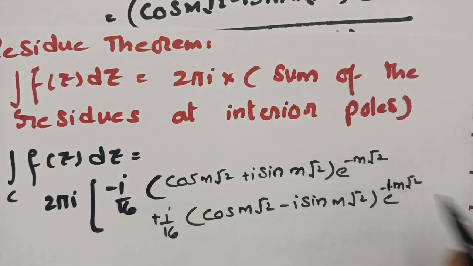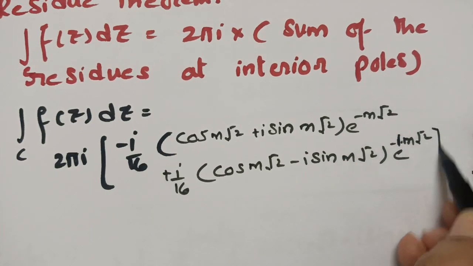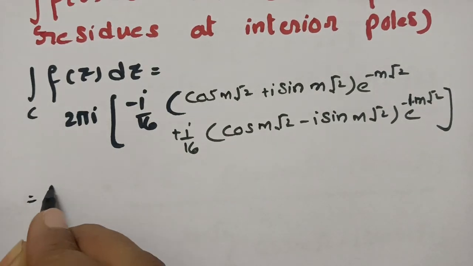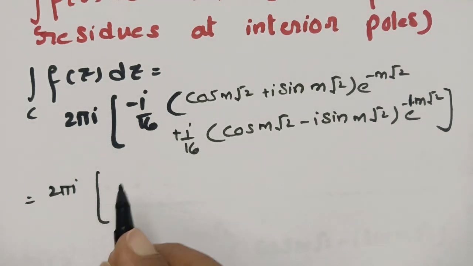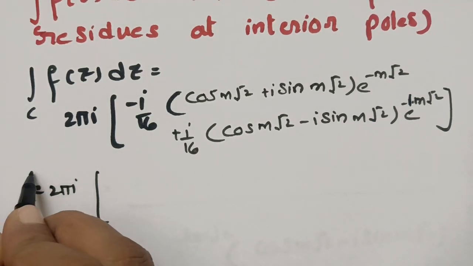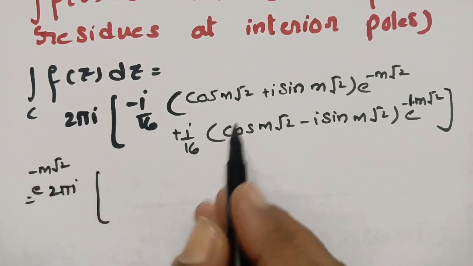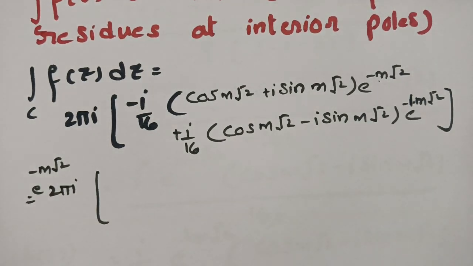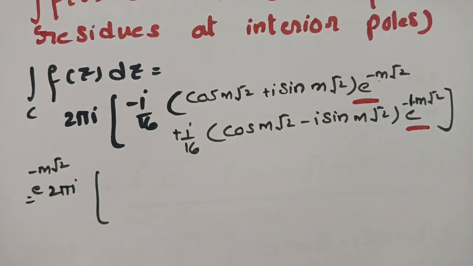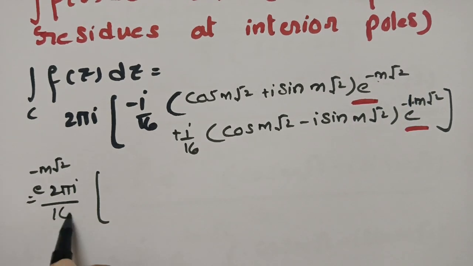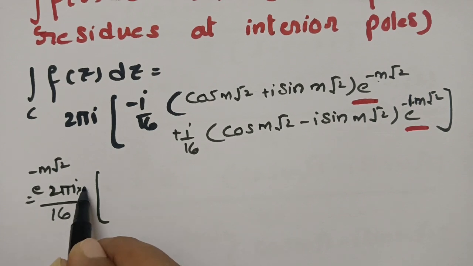Here, this will be 2 pi I times of. Which one do I have to take common? That is e power minus m into root 2, if I take common from these two. And again I have to take 16 common, and again I have to take I common.